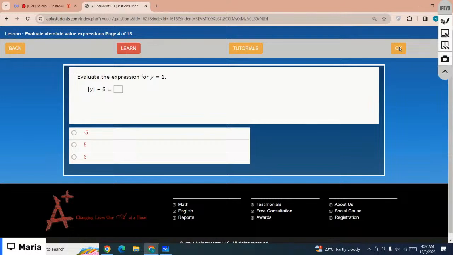Evaluate the expression for y equals 1. So which is the correct option?